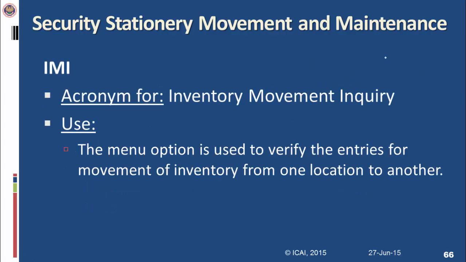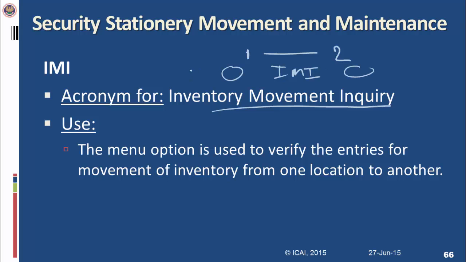Okay, if we want to verify movement from one location to another location, then we can use a command called IMI, inventory movement inquiry. We need to give a location from this to this, so again it will ask you for the location and sublocation, and here also location and sublocation.